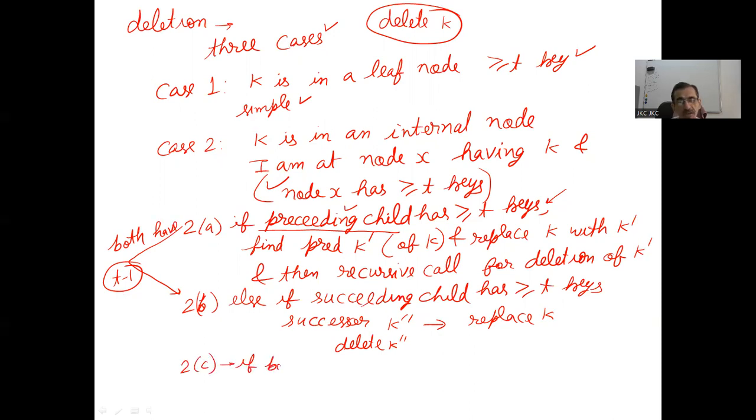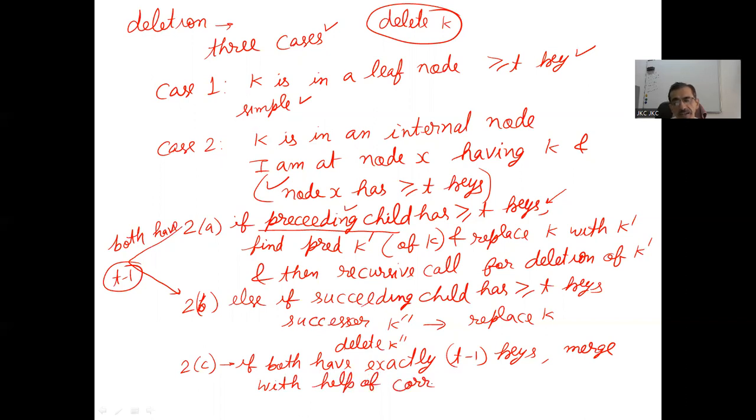If both have exactly T minus 1 keys, a merge will happen. The T minus 1 keys of both will become a total of 2T minus 1 keys, merged with the help of the corresponding middle value, that is the median value, from the parent. It is present in X.